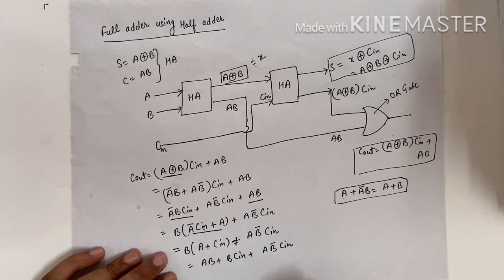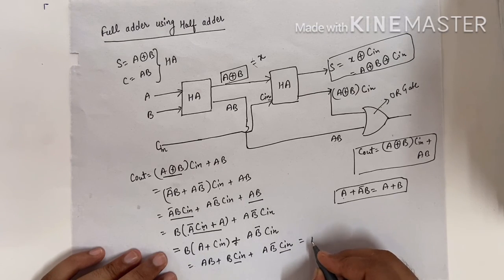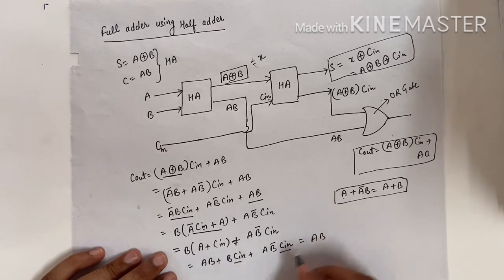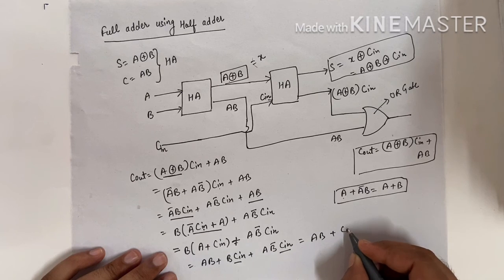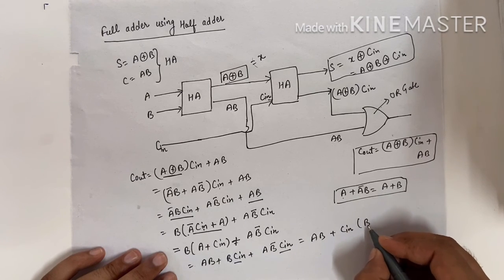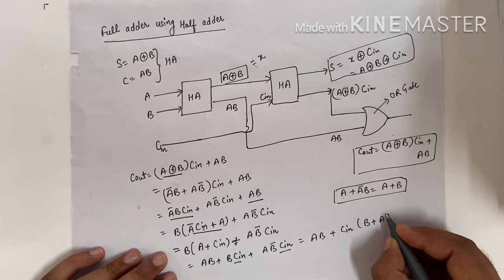Now we can take C input common from second and third, so then it becomes AB as it is, plus taking C input common, it becomes B plus A B bar.